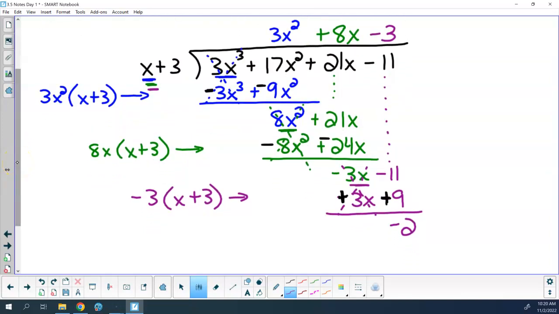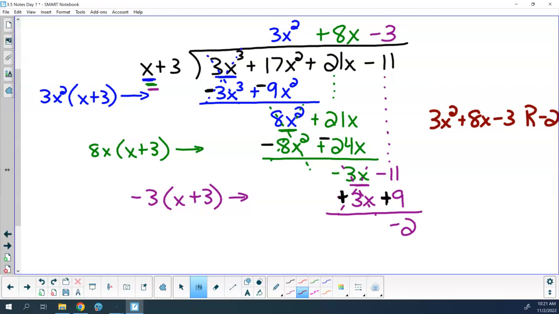So here is how we would write that then. We could write that as 3x squared plus 8x minus 3 with a remainder of negative 2. Okay, that's possible.